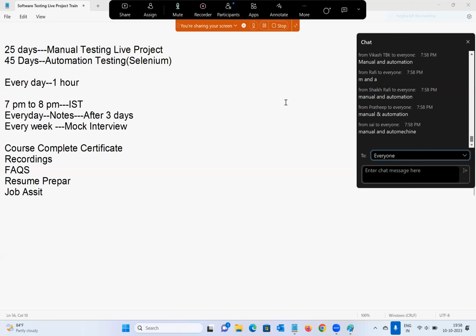Yes, you can gain that much knowledge, Pratap. You can get school management and healthcare applications as live projects. For the automation syllabus, contact the management once. Yes, you can learn the Jira tool, Navina. You can get the notes, no worry. Just contact the management regarding the automation fees.